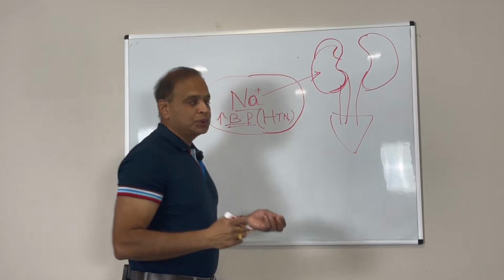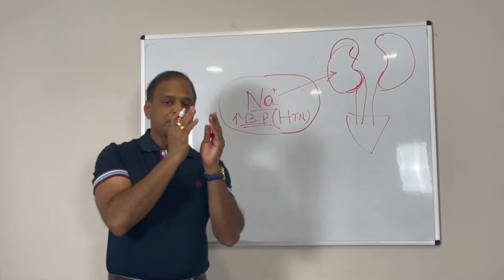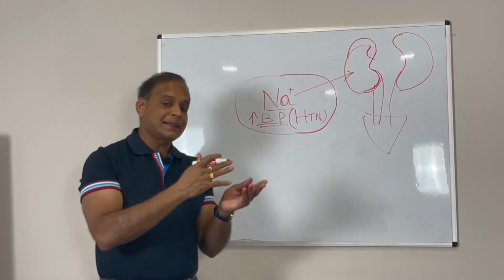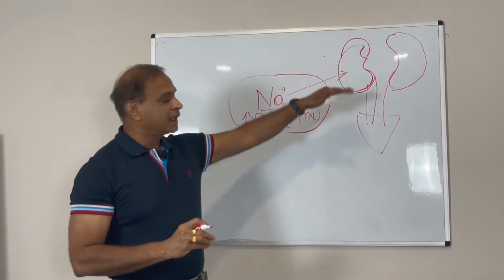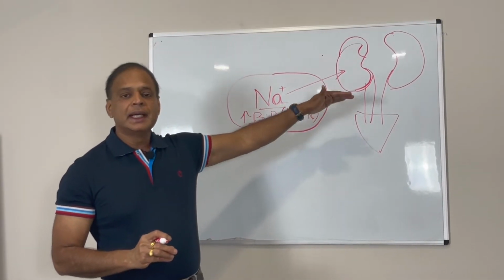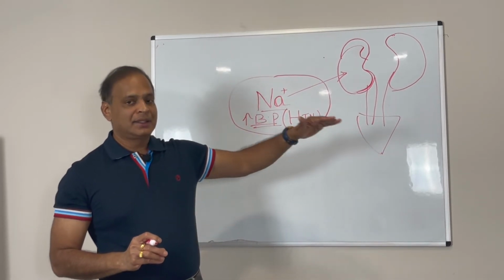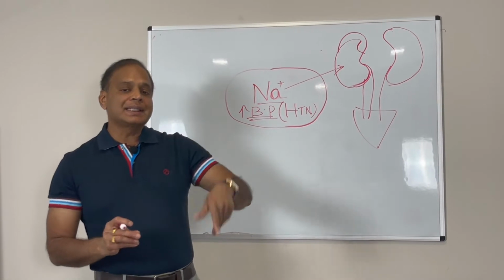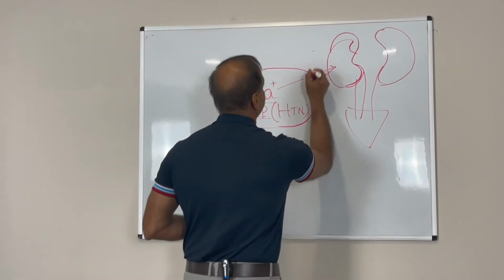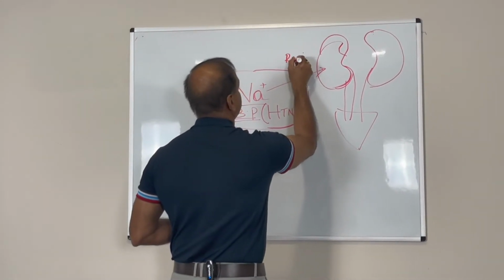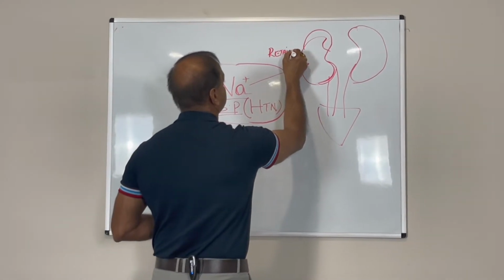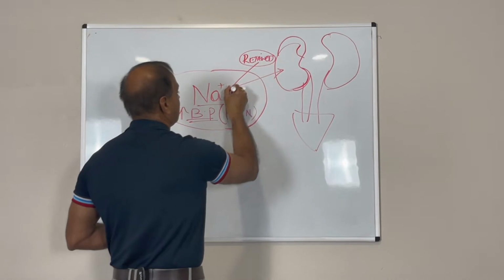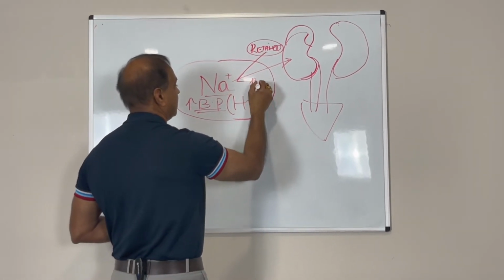We all know that if there's a problem with sodium, there's a problem with high blood pressure, and that is related to the kidneys. So if the kidneys do not excrete salt, which is sodium, then that salt gets retained back into the blood, and that retained sodium will cause increased blood pressure.